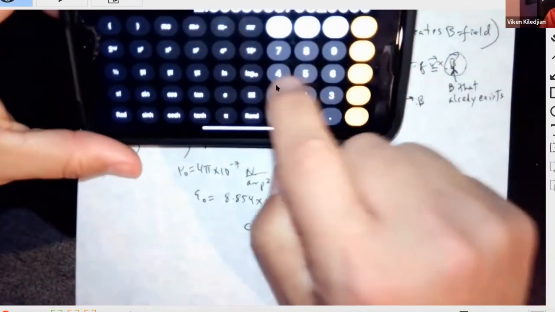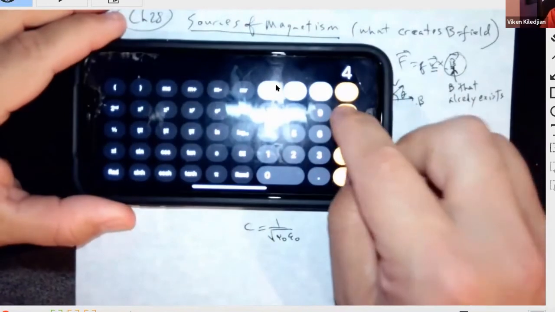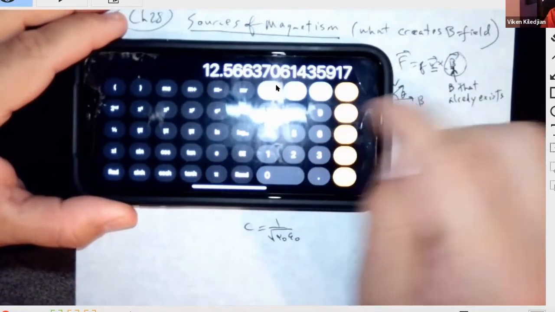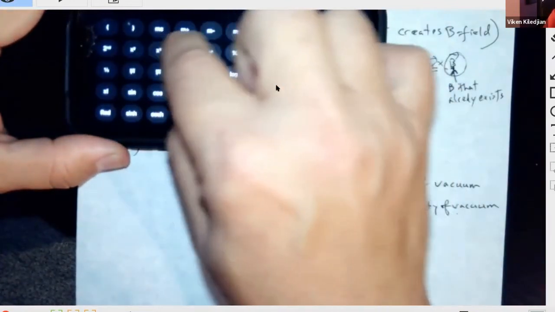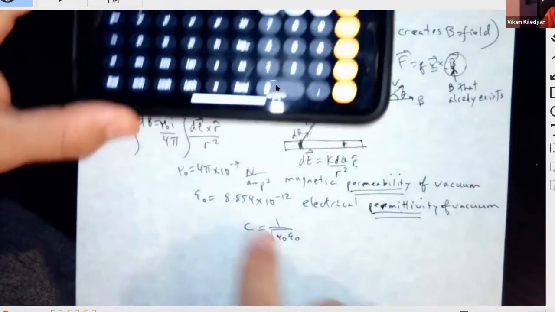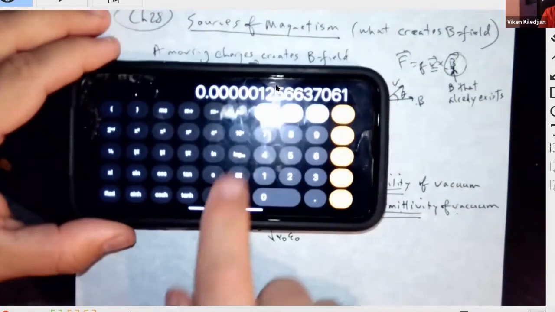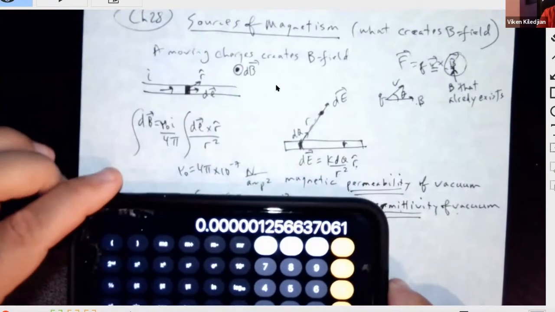So it's interesting that when we discovered this, of course, it's probably Maxwell that discovered that, right? So when you do the magnetic permeability and the permittivity, you go 4 times pi times 10 to the power negative 7. So you got a really small number here for mu zero.